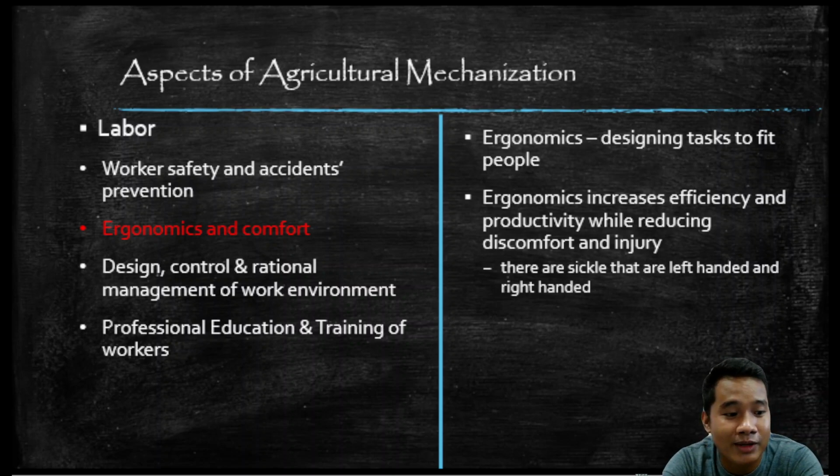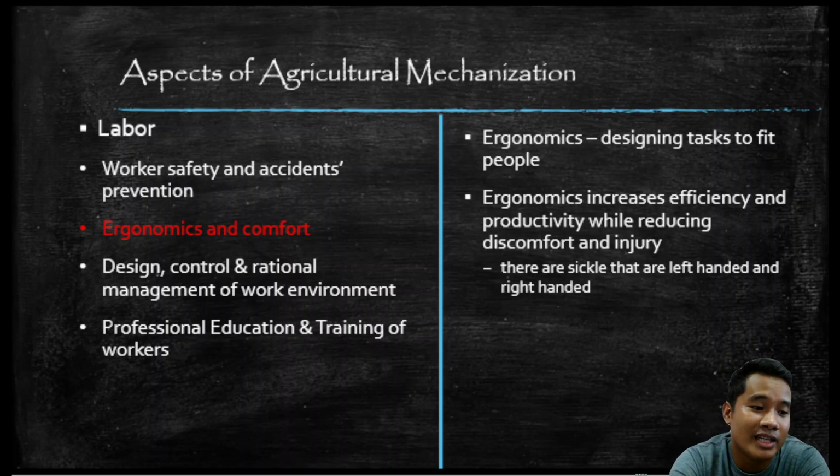I will give you an example. There are sickles that are left-handed and right-handed. The Ilocano term for sickle is kumpay. When I was a kid, I was always scolded because I wanted to use the sickle with my left hand, since I am left-handed. But what we used was right-handed, because most of my family members are right-handed. So what happened during my childhood?